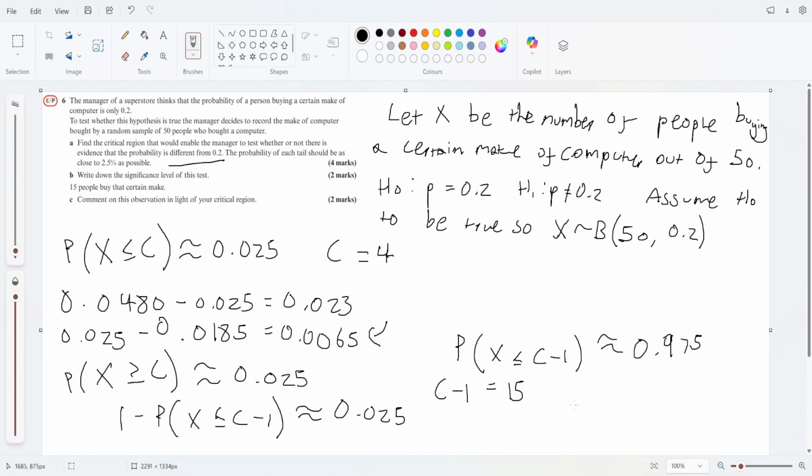So then that must mean that c is equal to 16. So then we can write our critical regions, which would be x is less than or equal to 4, or x is greater than or equal to 16. And that would be because the 16 here corresponds with this here. You can write it as C1 and C2 if you prefer, but keeping it as just C is fine as long as you can understand it.